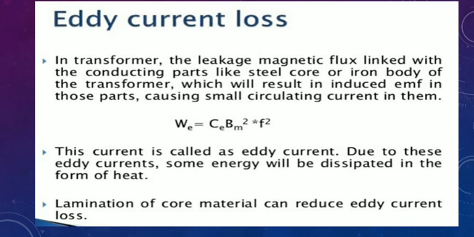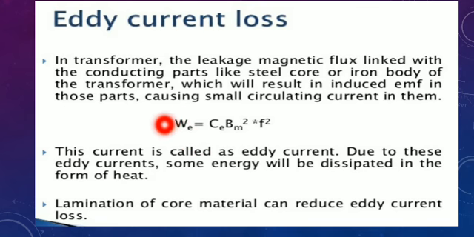Eddy current loss. In the transformer, the leakage magnetic flux links with the conducting parts like the steel core or iron body of the transformer, which results in an induced EMF in those parts, causing small circulating currents in them.